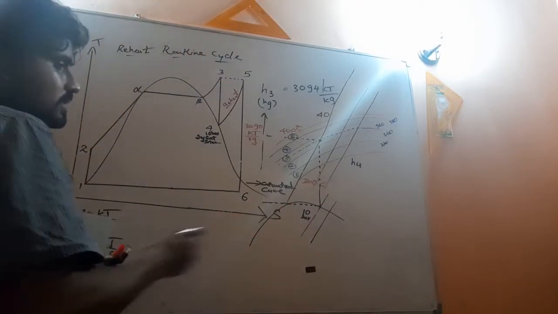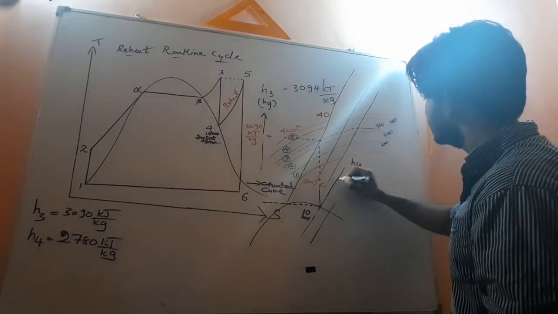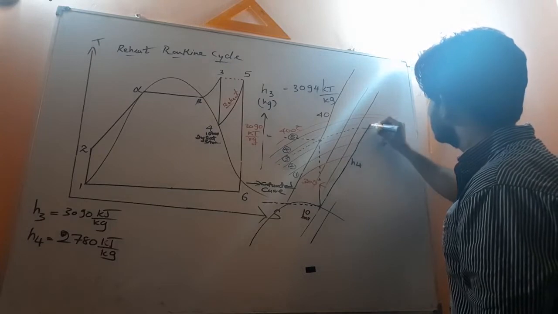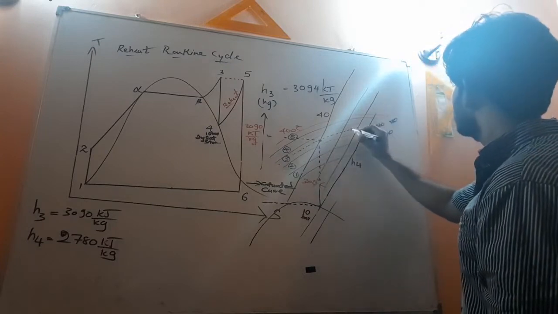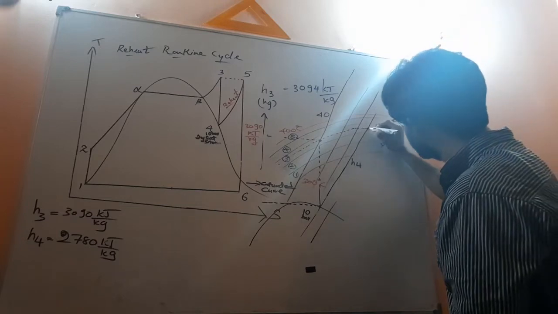So now this is the 10 bar line, right? This is the 350 degrees Celsius line. So what is this intersection? It's here.